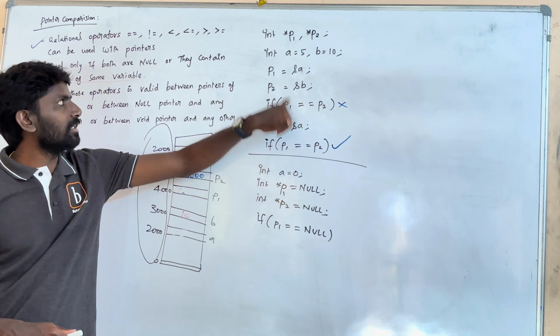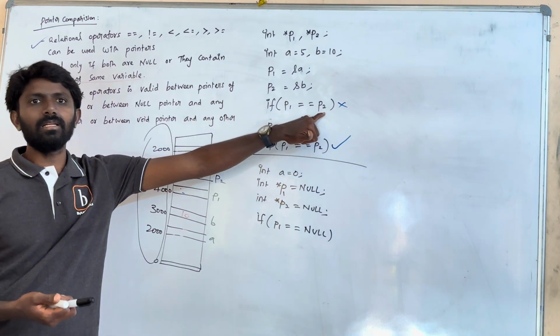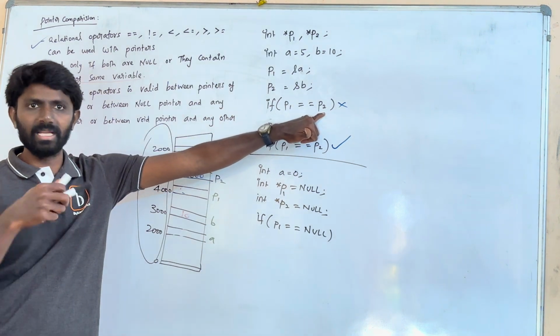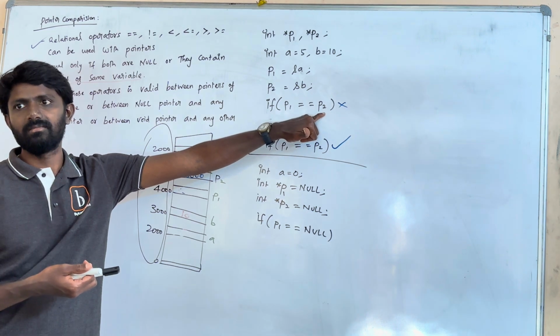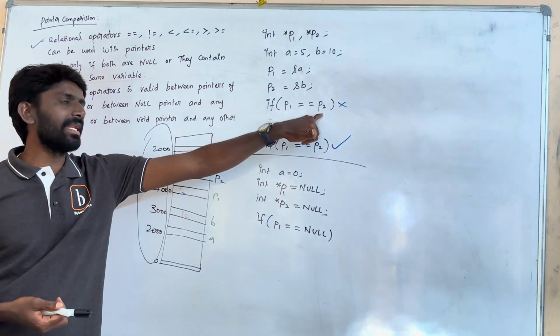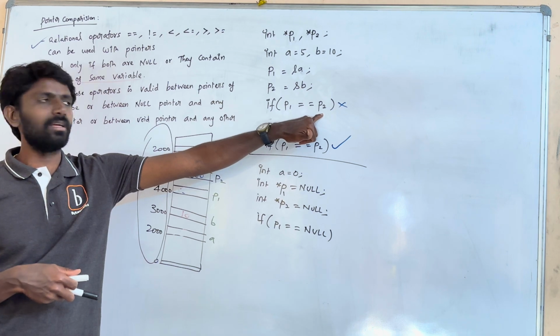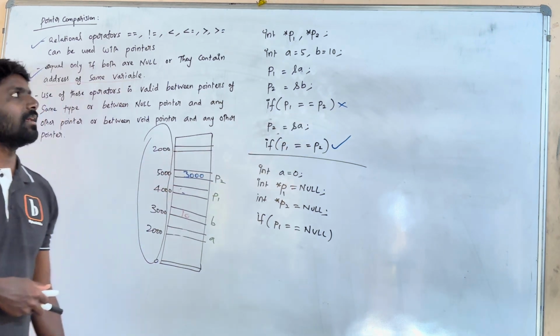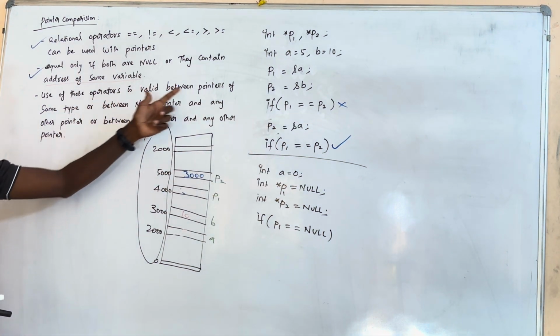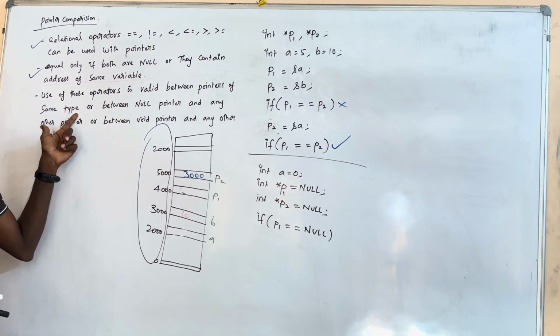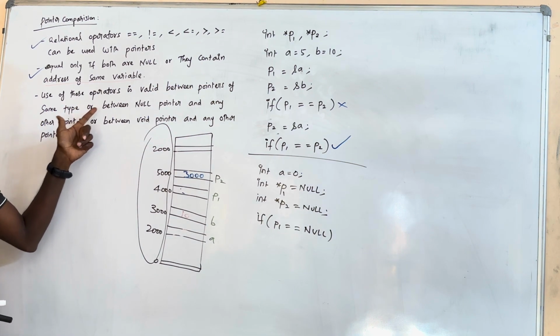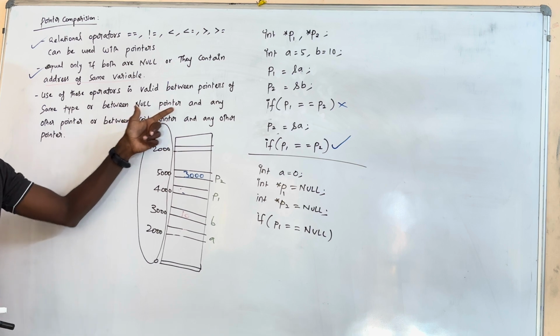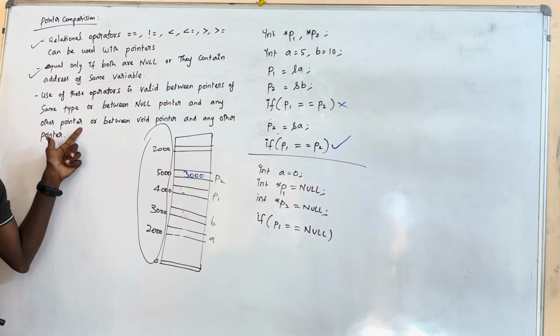Sir, if p1 is integer but p2 is character, no, you cannot compare that way. The compiler will throw a warning or error. So whenever you are comparing two pointers, both should be the same data type, valid between pointers of the same data type, or between a null pointer and any other pointer.